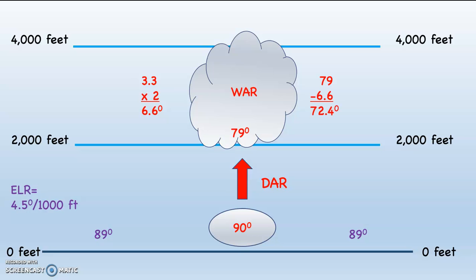Then we take 79, the temperature at 2,000 feet, minus 6.6 is 72.4. This means the temperature of that rising parcel of air at 4,000 feet is 72.4 degrees.